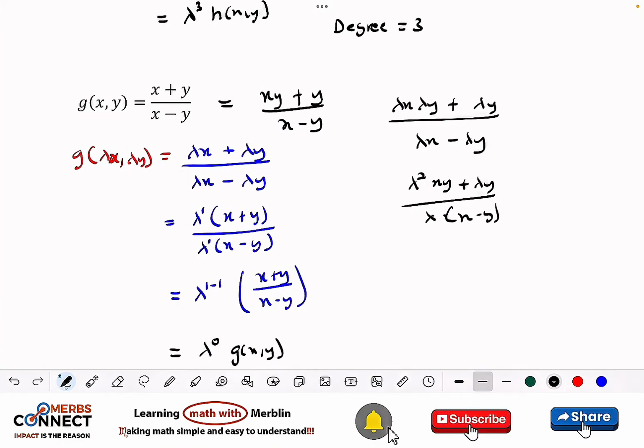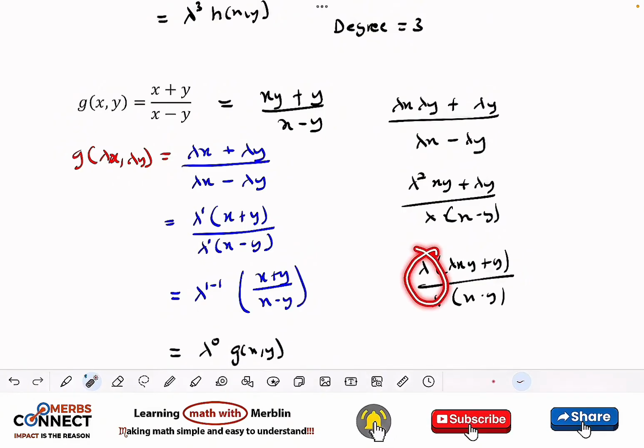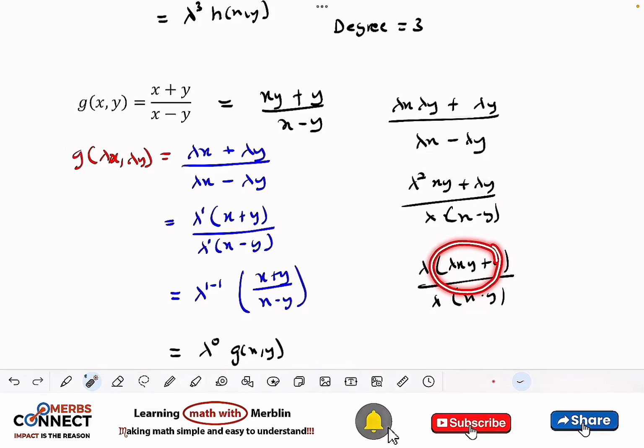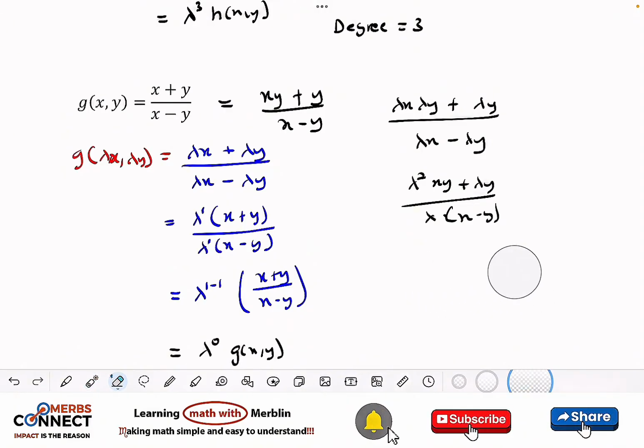Now when I factor lambda out on the top, I'm still going to have lambda xy plus y divided by lambda x minus y. So you see that we factor lambda out, but the function still has lambda. So we cannot call this one lambda to the power n times h of x, y as we did for the other one. So it means that since the function depends on lambda, this function is not homogeneous.